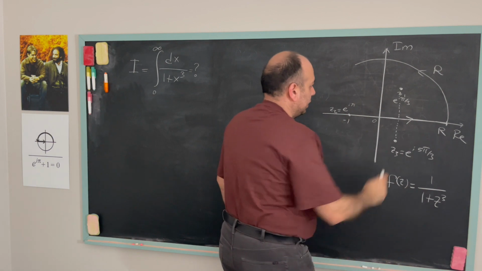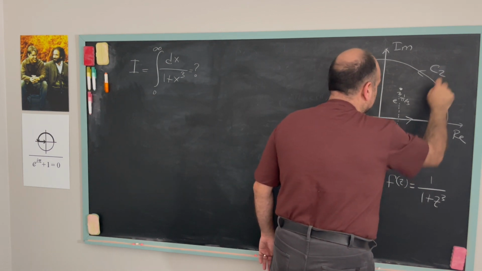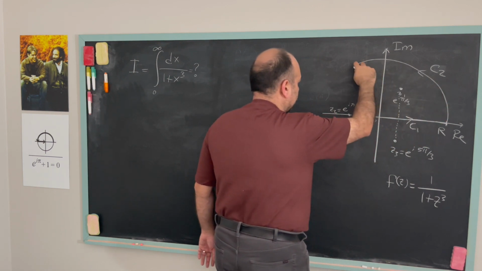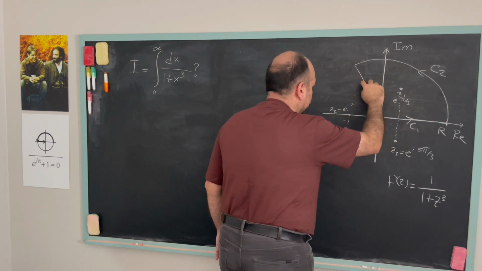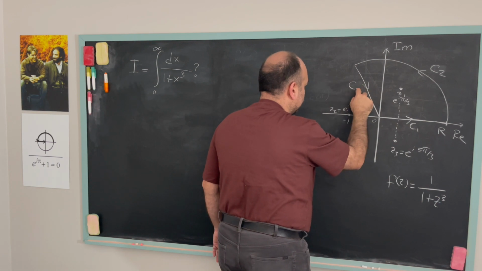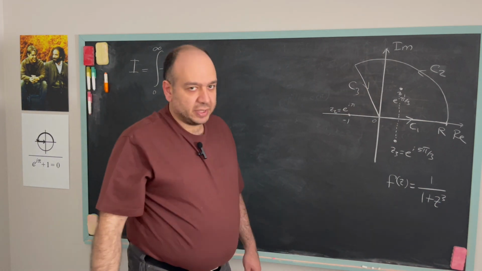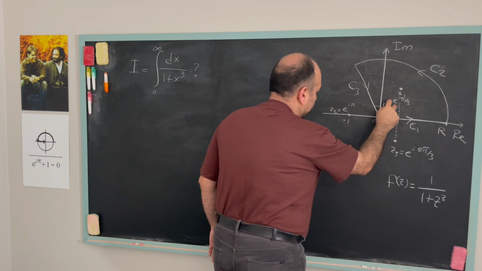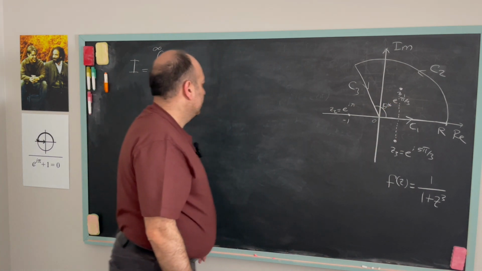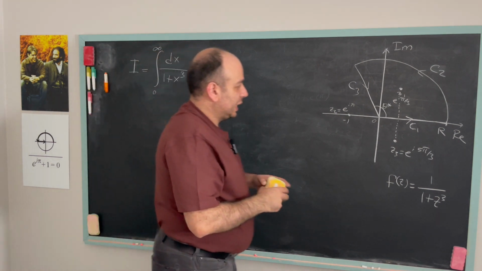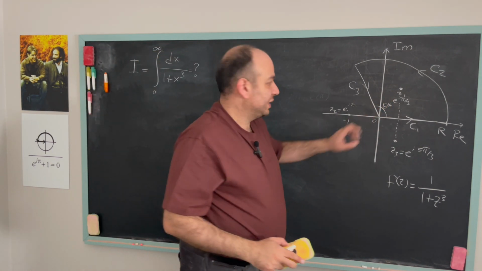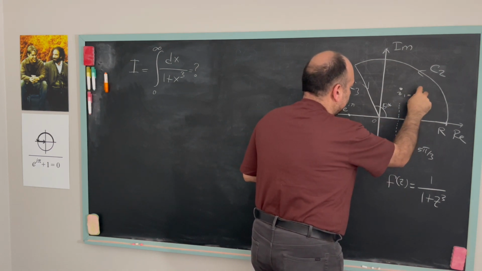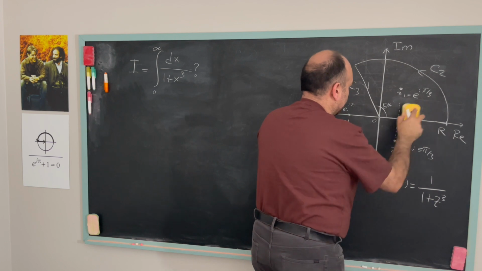This is my circle, let's say C2, and this is the C1 line. Then I'll move back to the origin in the radial direction. This angle here is going to be called theta star. I don't know what theta star is, but I will determine it while solving the problem. So z1 is equal to e to the i pi over 3 here.